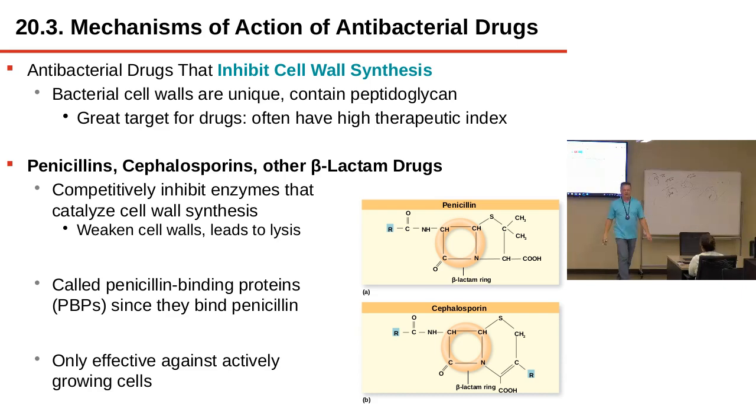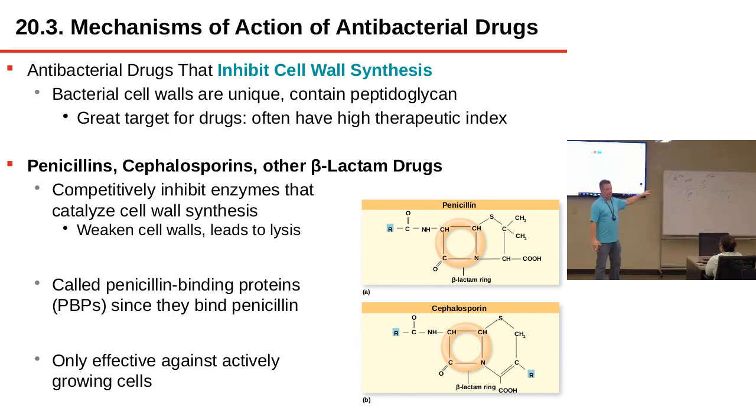If I'm competitively inhibiting, what am I doing? I'm going in and blocking the active site. The enzyme basically shuts down. It can't do its job, which is to build the peptidoglycan cell wall. And if I'm blocking it, the bacteria can't do its job.